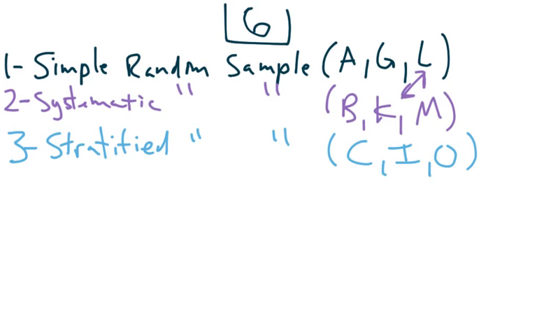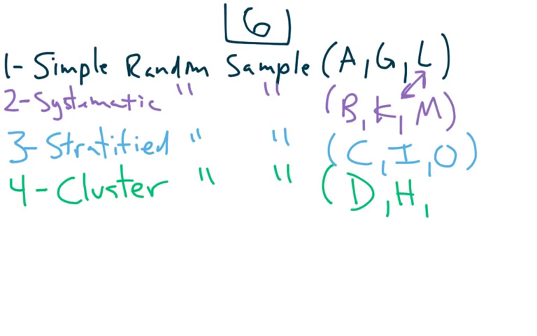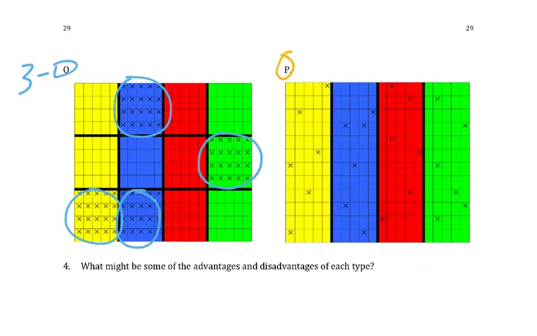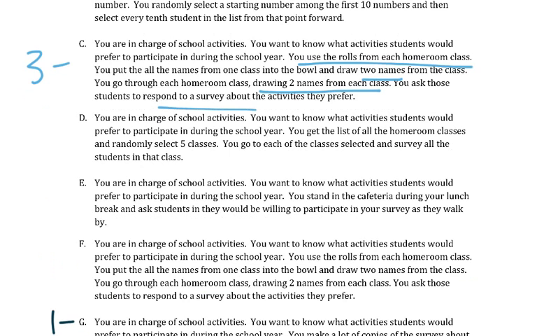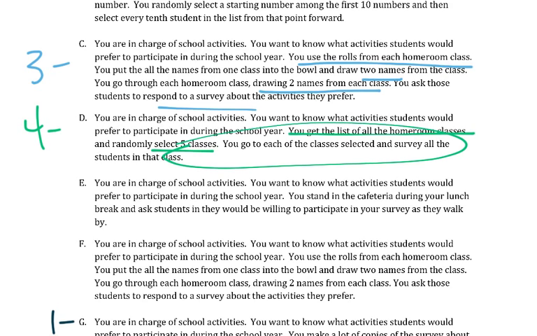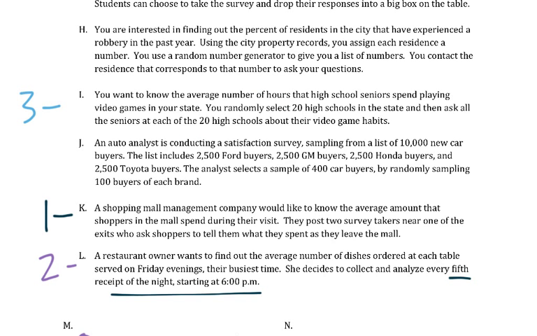Now number 4, we've got cluster random, which would be D, H, and N. So D right here: you're in charge of the school activities, so you go to each homeroom class, and you are then taking every student from those classes. That's kind of the idea here.